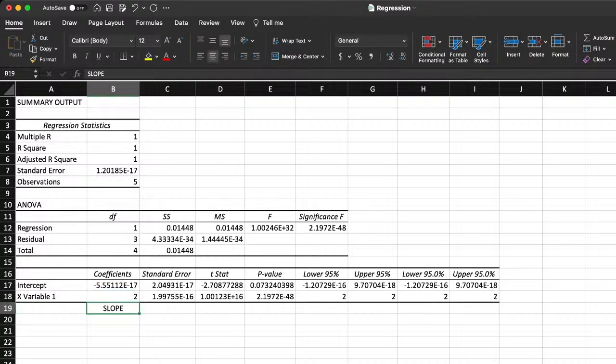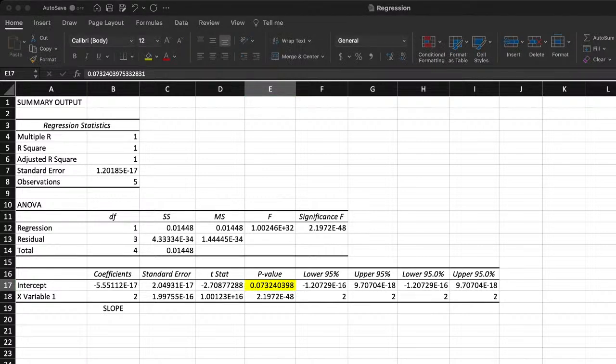Since we only have one variable, this is the slope of X. Then we have some more calculations here, and this is called the p-value. We're going to talk more about p-values towards the end of the course as well, but for now I'm just showing you this sort of table. So you'll see this again later.